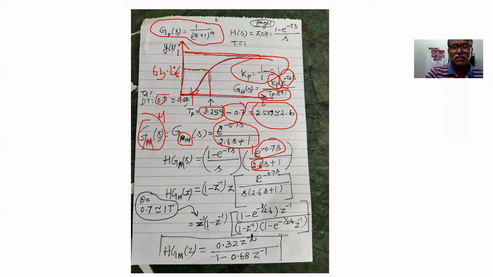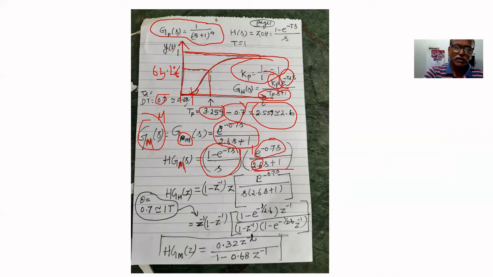But this is a continuous process. That's why it should be preceded by a zero order hold. Therefore, HGM of s, I am writing M instead of P because we are taking the model, is (1 minus e power minus Ts) upon s, times e power minus 0.7 s upon (2.6 s plus 1).